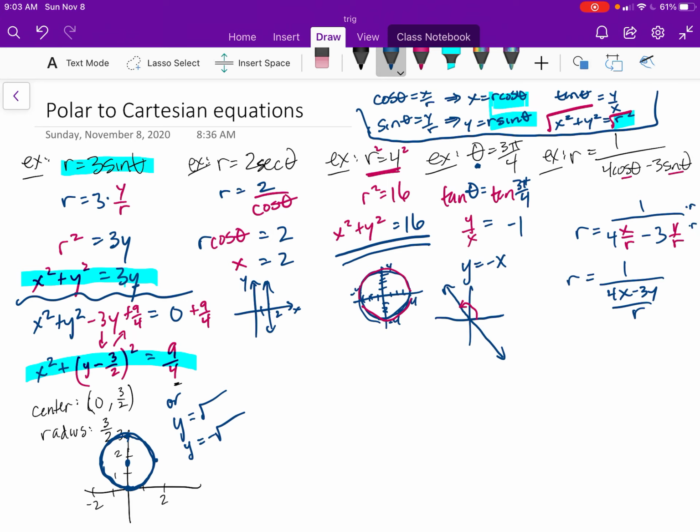That would have worked too. Now that we have this, we have division. So 1 over 4x minus 3y divided by r, which becomes multiplied by r over 1. I'll write that out. r equals 1 over 4x minus 3y divided by r. But division means multiply by the reciprocal.